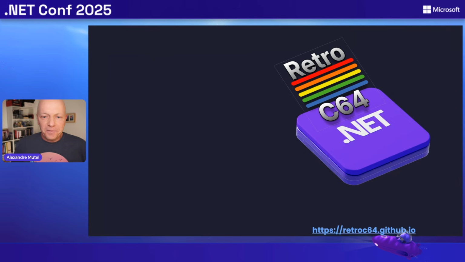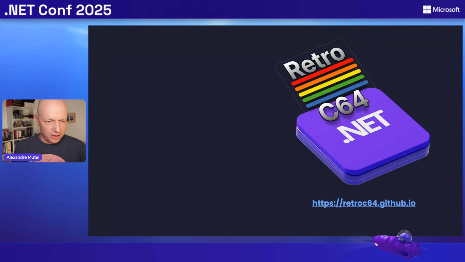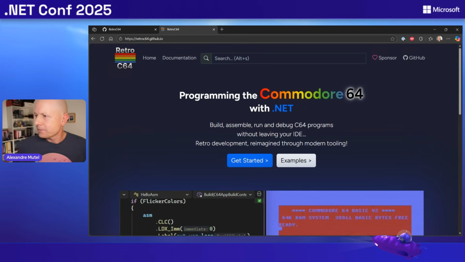So thank you for watching. Here's the website. I can actually show you the website just a little bit here. You can connect with this address. There is the front page.